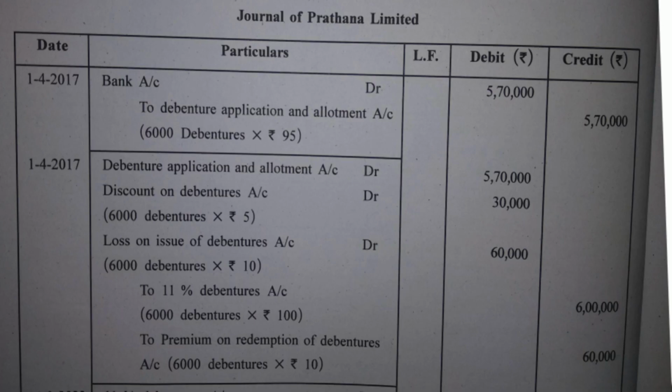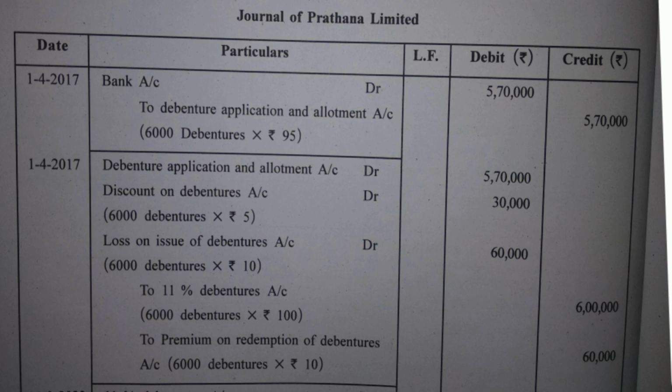So the first journal entry in this case is on 1/4/2017, bank account debit to debenture application and allotment account. How many debentures? 6,000 debentures. What is the price? 95, because 100 minus 5; 5 rupees is 5% of 100 rupees.